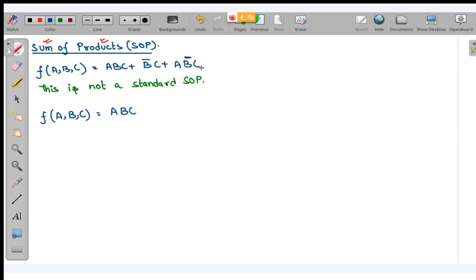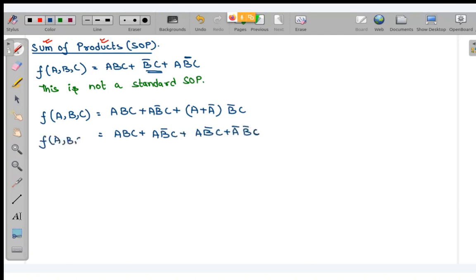But in the second term, variable A is missing. So to make it standard, I multiply it with A plus A complement. If I expand this, it will be A, B, C plus A, B complement C plus A, B complement C plus A complement, B complement, C complement. So this function is your standard SOP.